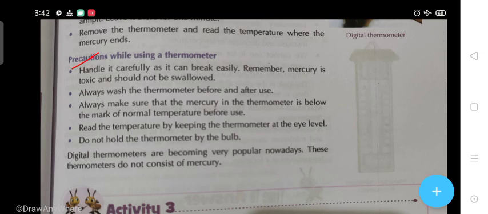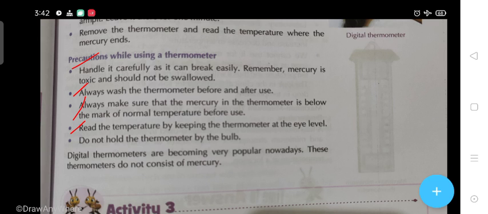Mercury is toxic, that's why we have to handle it very carefully. And always wash the thermometer before and after use, and always make sure that the mercury in the thermometer is below the mark of normal temperature before use.